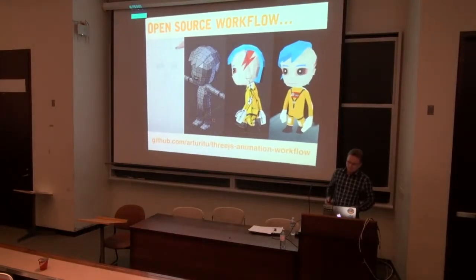The other thing I like is this open source workflow, where you start with a pencil and paper, draw a 3D model, and start creating it in Blender, which is an open source free tool you can download. You animate it, export it, and import it into Three.js.